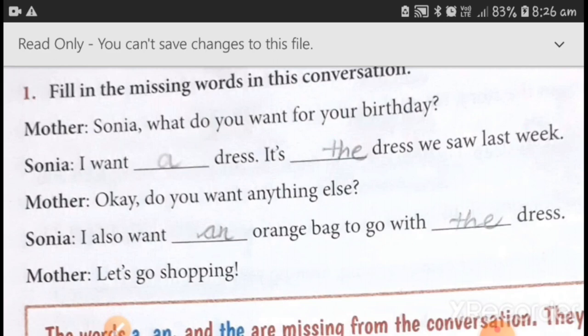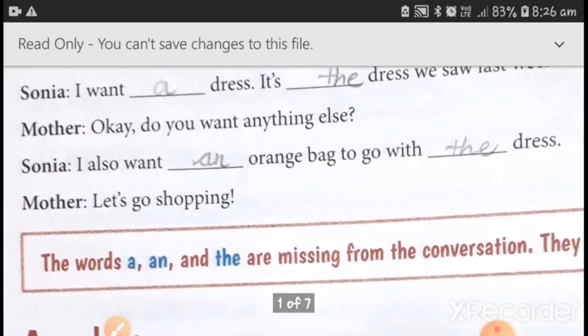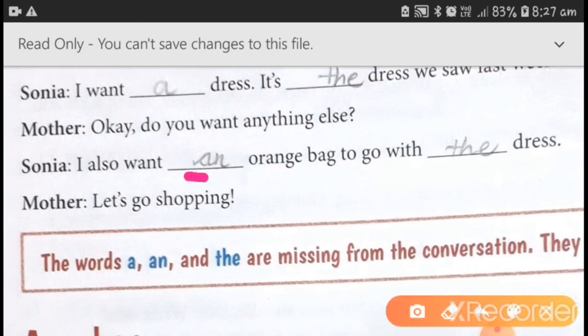Now have a look at the next conversation. Mother: Okay, do you want anything else? Sonia: I also want an orange. Yeah, children, as I already explained, before orange we have to use an, because it starts with a vowel sound. Yes or no? It is a vowel. And you know these are the 5 vowels in English.